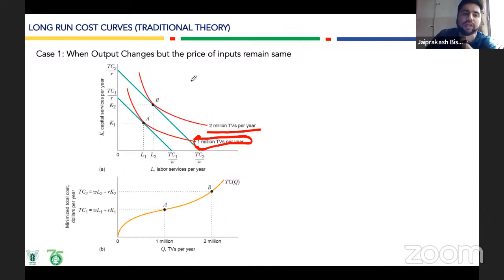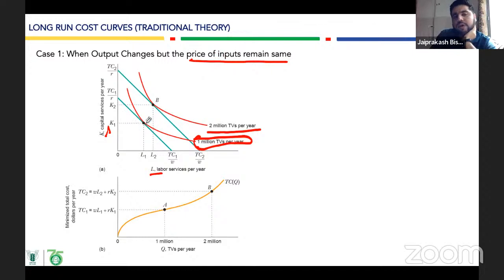Here what happens, the price of input remains the same, assuming that there are two inputs, capital and labor, and their prices remain the same. If there is more demand in the market, the manufacturer of this TV is producing more output, but the price of inputs, capital and labor, remains the same.